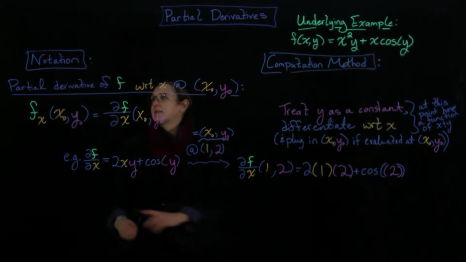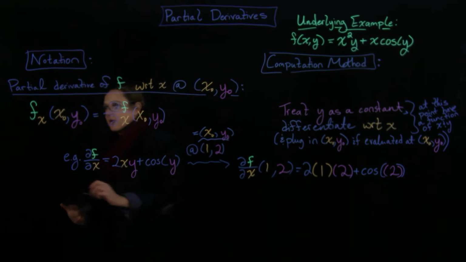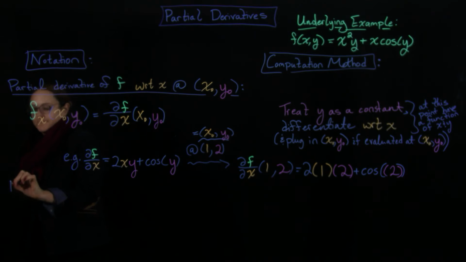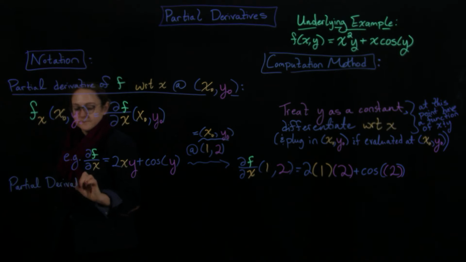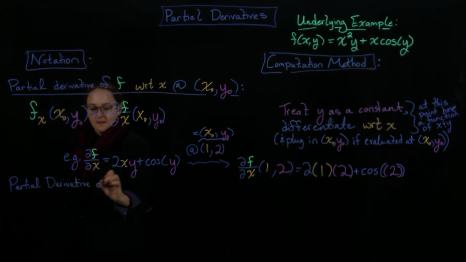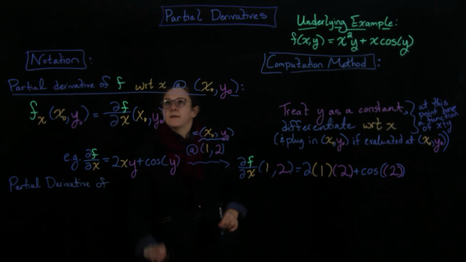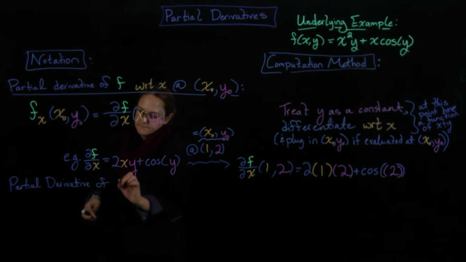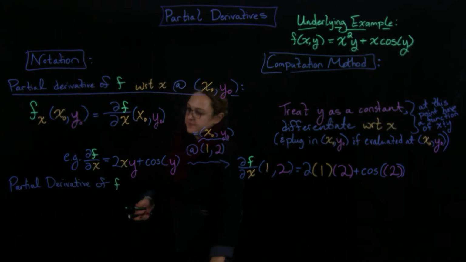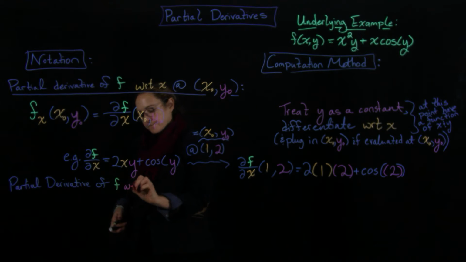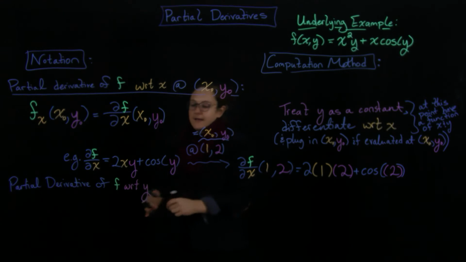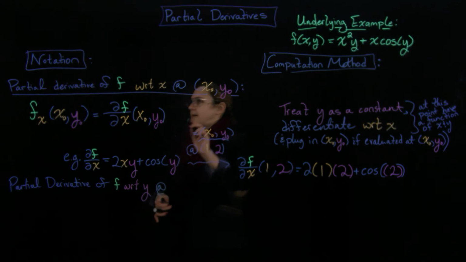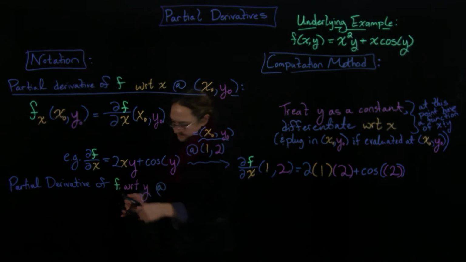Okay, so now we're going to look at the partial derivative of f with respect to y. So partial derivative of f. And now we're going to be with respect to y. And then this is at the point x naught, y naught.